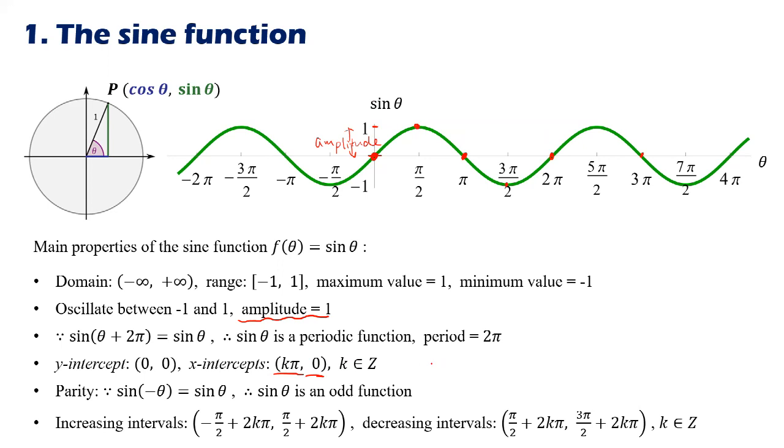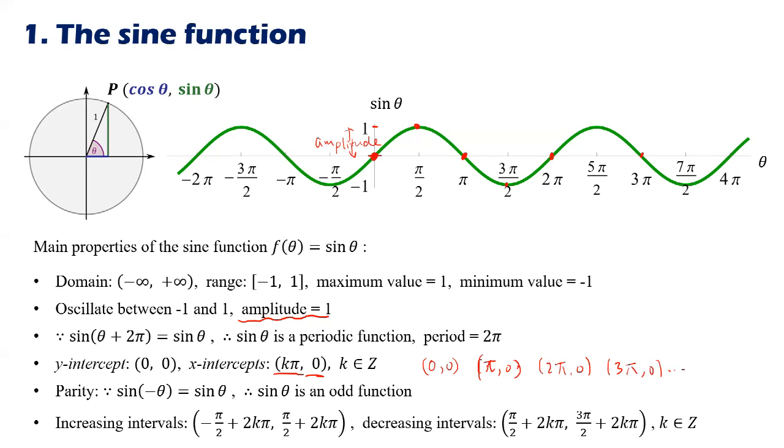For example, the x-intercepts can be (0, 0), (pi, 0), (2 pi, 0), (3 pi, 0), etc. Right?